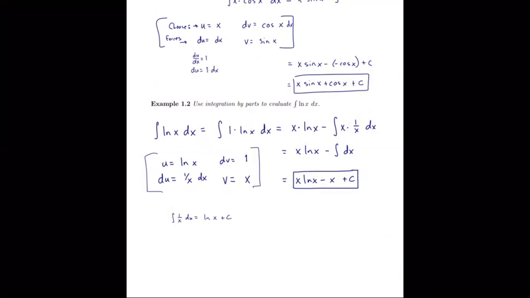u times v is x times natural log of x minus the integral of v du, x times 1 over x. And this should look pretty clear that it's going to work out in our favor. x times 1 over x is just equal to 1. So there's technically a 1 in this integrand, but that's the simplest integral we can deal with.